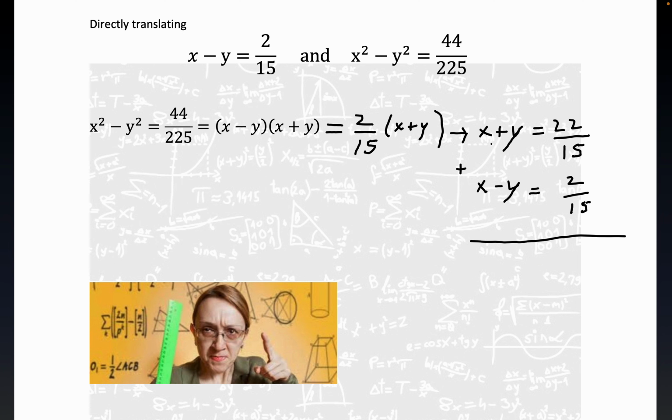If we add these two equations, the y's eliminate, and we get 2x equals 24 over 15. Don't let her intimidate you.